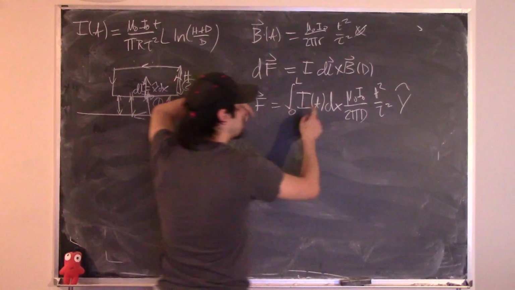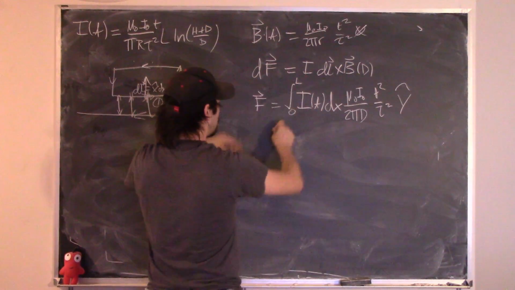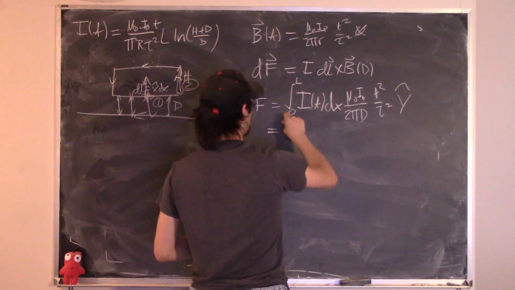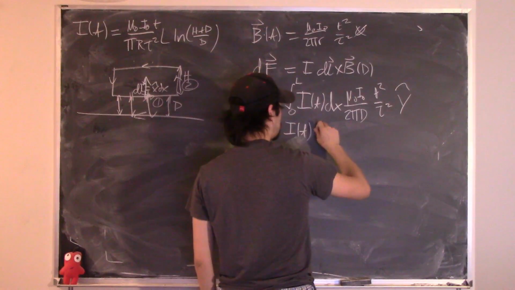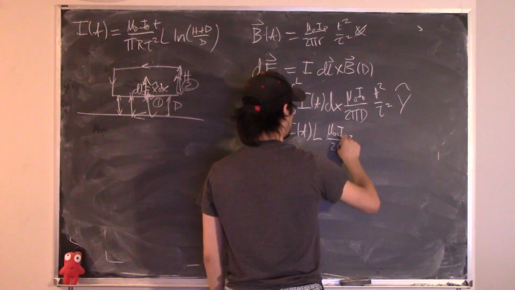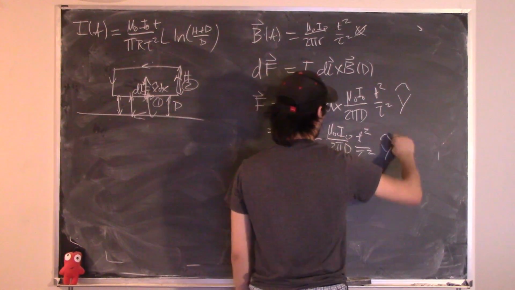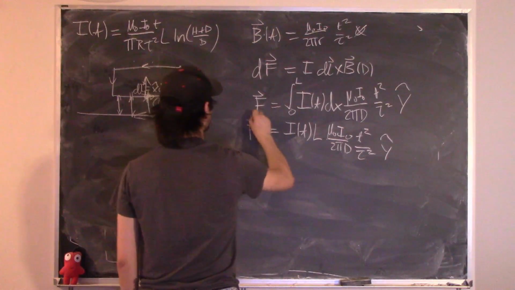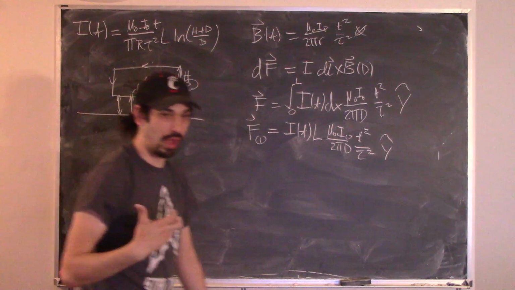So I can pull everything else outside the integral, and this is just the integral of dx from 0 to L. So this is just going to be I of t times L times mu naught I naught divided by 2 pi d, t squared over tau squared, in the y hat direction. So this is the force acting on element 1.